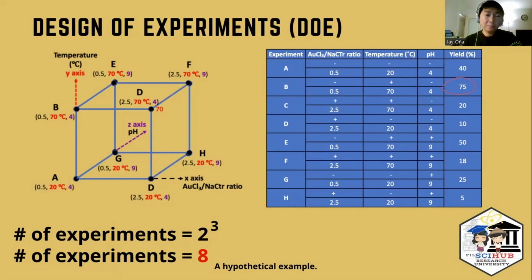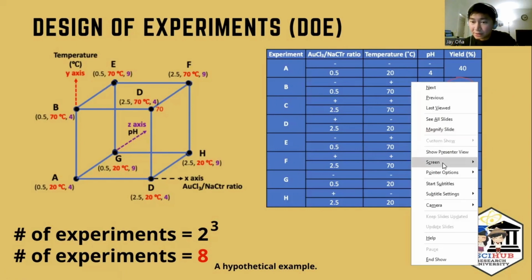So you try to carry out experiments based on these bookend values and see how much yield you can get from these different conditions. So when you already see that the yield is highest on this, let me just get mine.